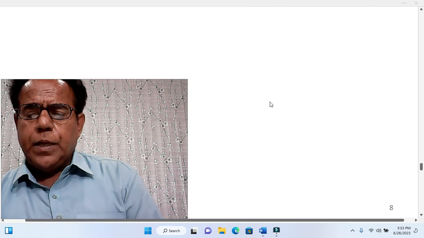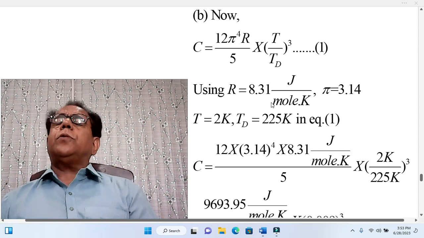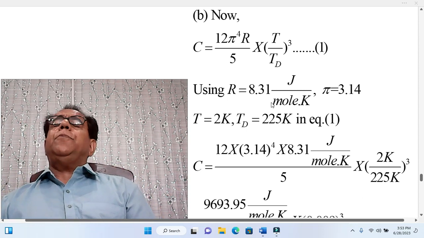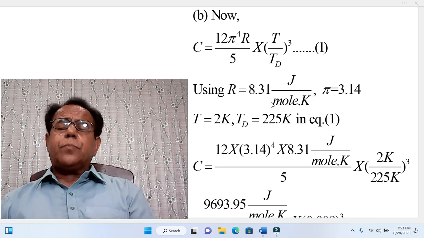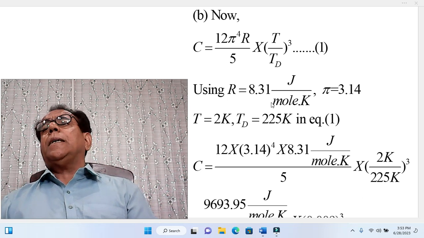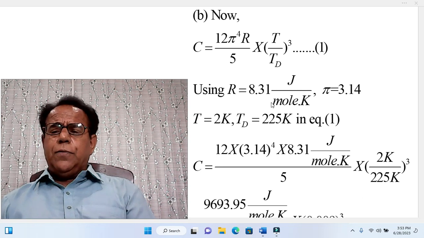Now dear students, we come to part B. Part B is also exactly on the same footing on which part A was carried out. The major difference is that in place of 4 Kelvin, 2 Kelvin will be used.